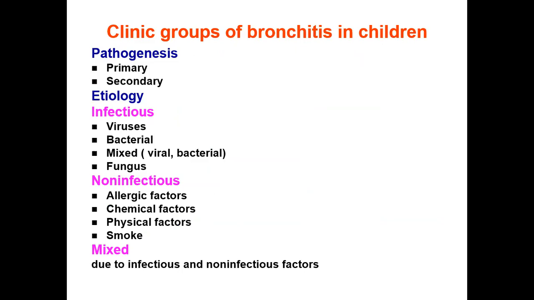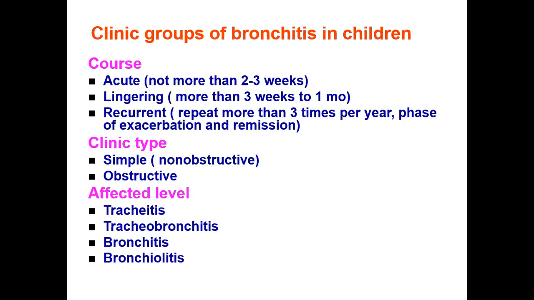Clinical groups of bronchitis in children. By pathogenesis: primary and secondary. By etiology: infectious (viral, bacterial, mixed, fungal), non-infectious (allergic, chemical, physical, smoke), or mixed due to infectious or non-infectious factors.